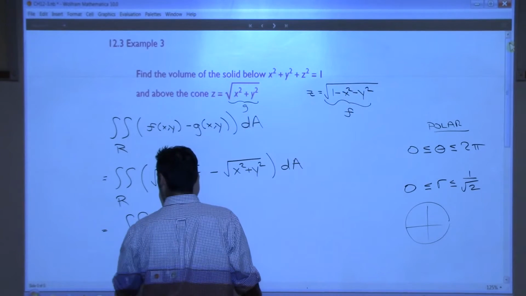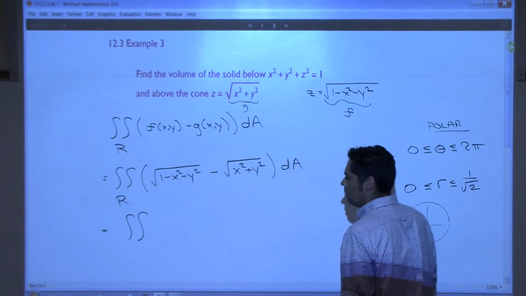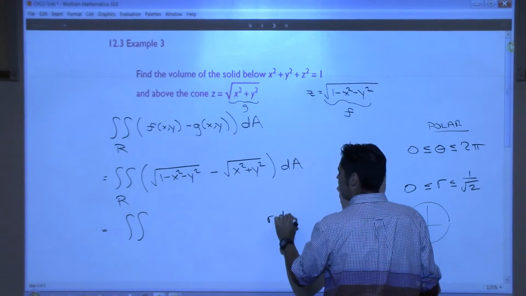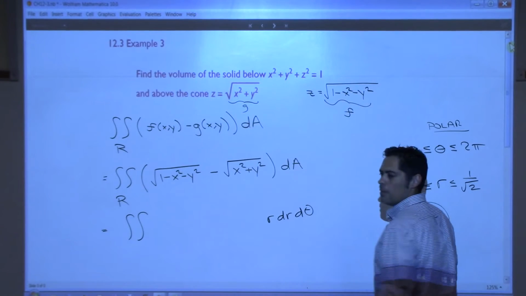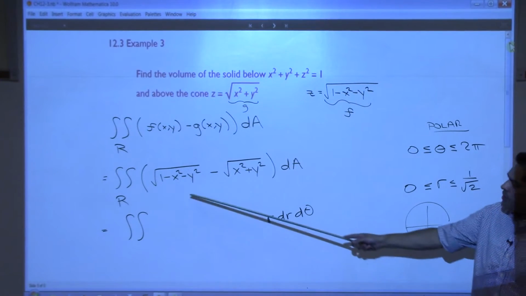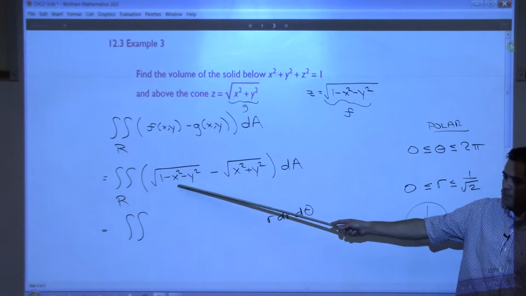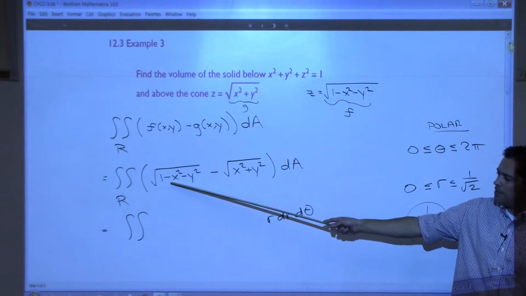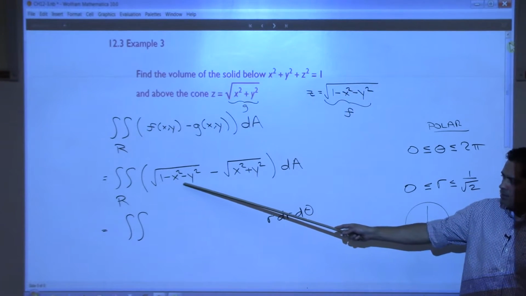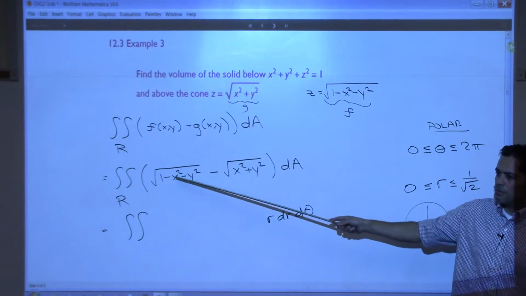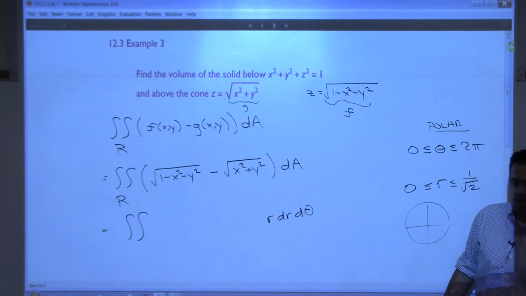So if I go to polar, which I'm about to do, I'm always just going to remember r dr d theta. Okay. My function of x and y is now going to get converted to a function of r and theta. You know what we're going to replace in here, right? We're going to factor a negative out of those. And it'll be just 1 minus r squared underneath the root.